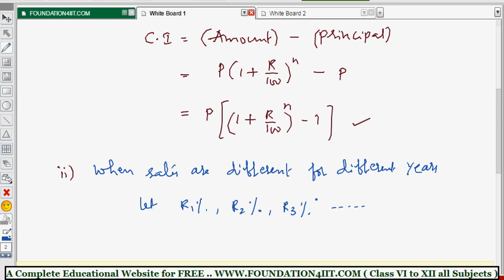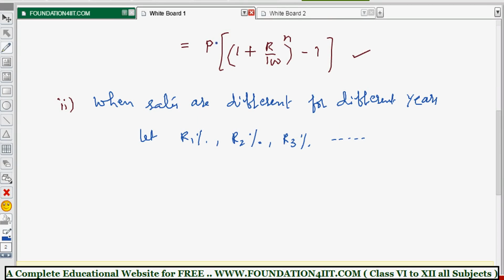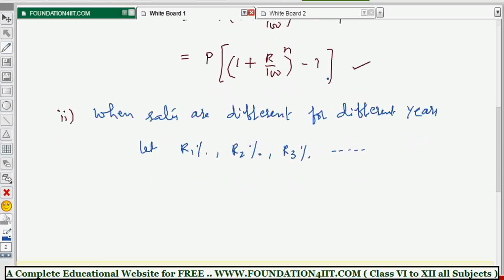Using the same amount formula, P into (1 plus R by 100) whole power n, in the place of R we take R1, R2, R3 separately.